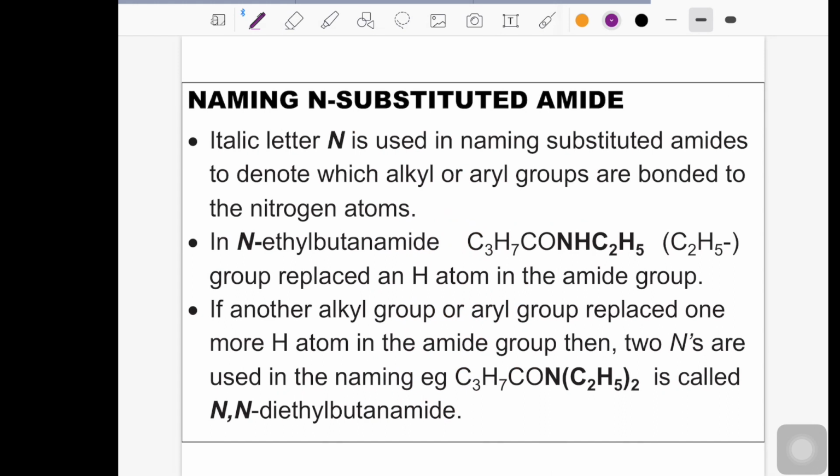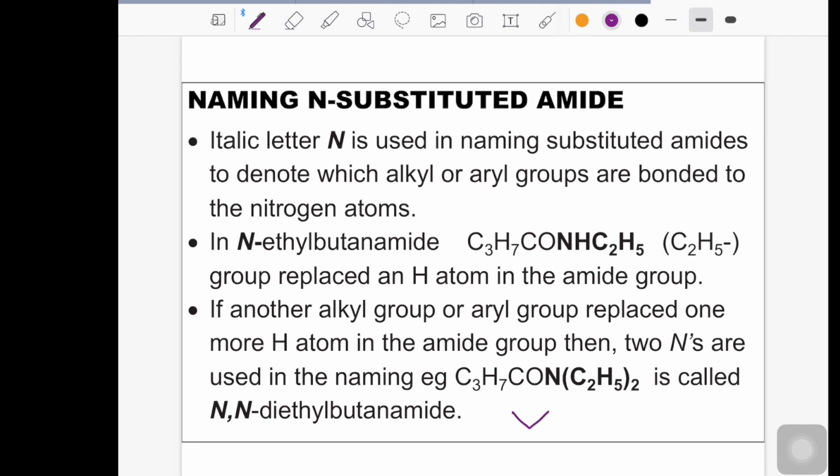Naming N-substituted amides: I've already mentioned that the letter N is used to name whatever is sitting on the nitrogen. What if you have 2 alkyl groups sitting on the nitrogen? We call this an N,N-diethyl butanamide. So I'm going to draw how a diethyl butanamide looks.